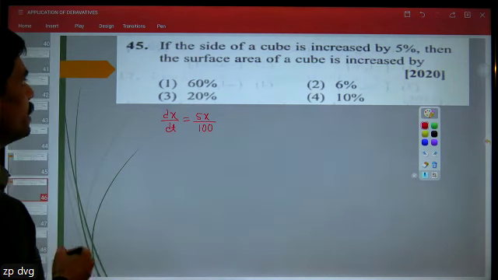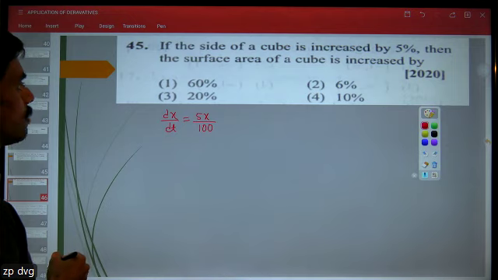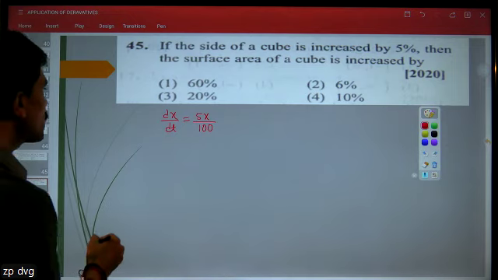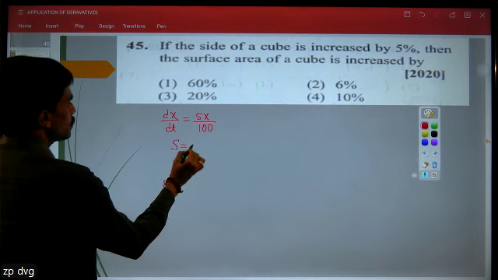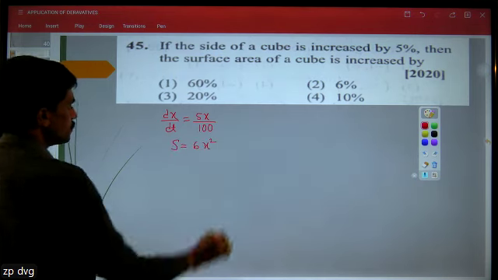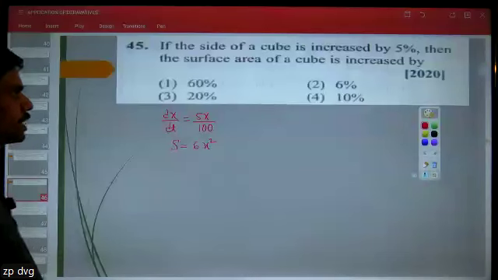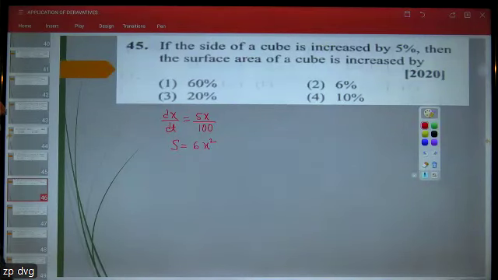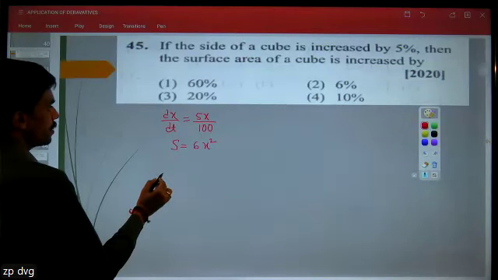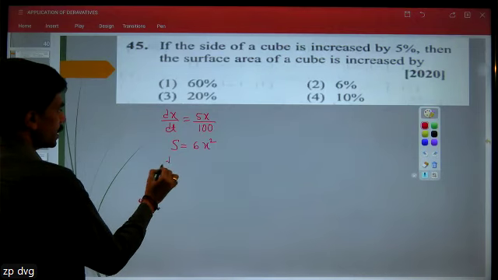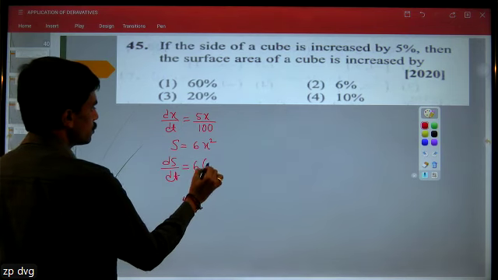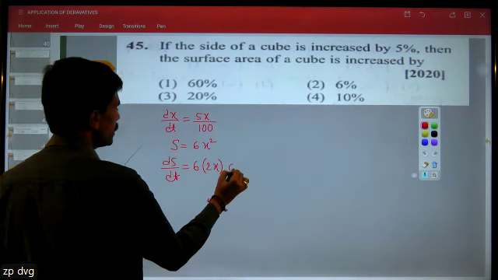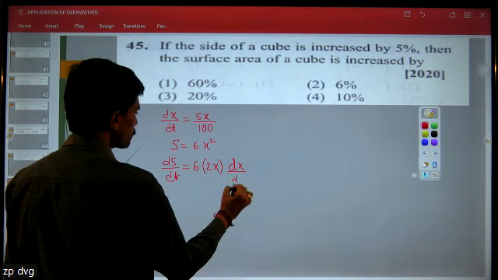Okay. So then we have to find the rate of change of surface area. Surface area of a cube formula S is equal to 6x square. This is the formula to find the surface area of a cube. Differentiate with respect to t, we get ds by dt equal to 6 into 2x into dx by dt.